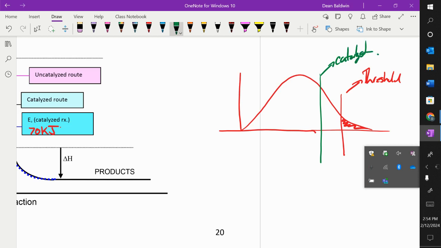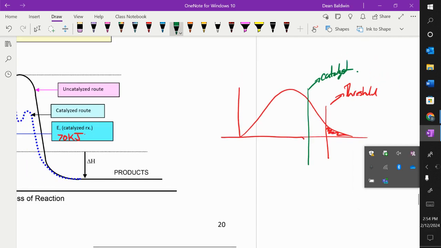So now we have a higher percentage of molecules with enough kinetic energy to get over that hump. Okay? Does that make sense? So then you're both right in that there's more collisions happening and there's more effective collisions happening because there's more molecules past this. That's why lowering the activation energy helps you out. It doesn't matter the number of steps because each one of those steps will be faster than the uncatalyzed reaction.